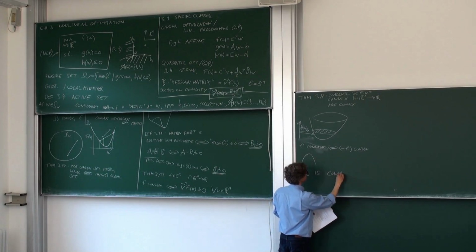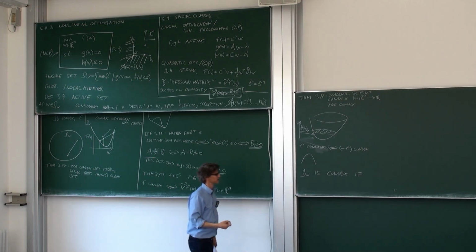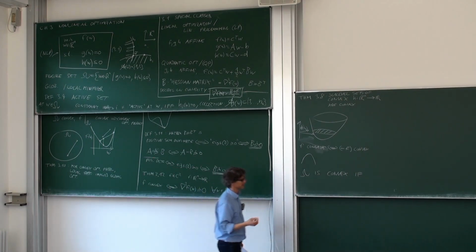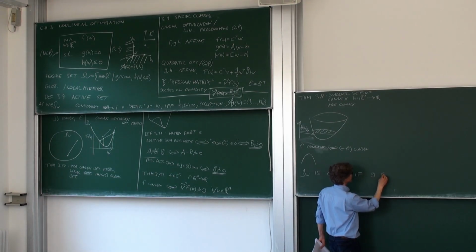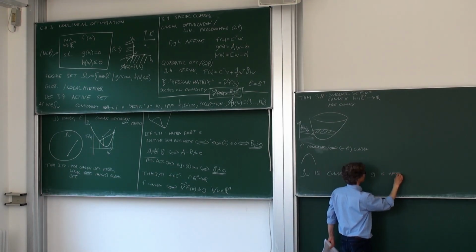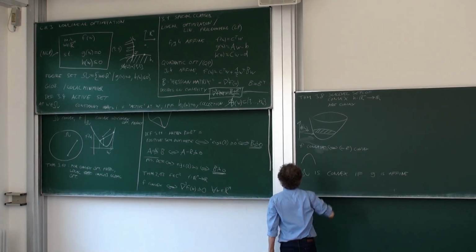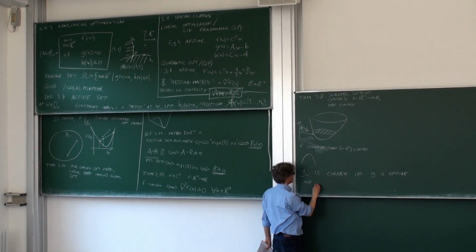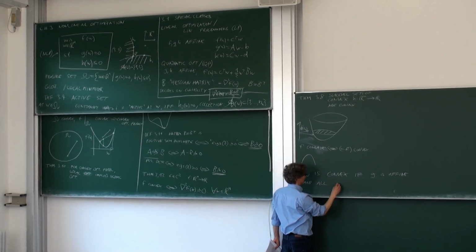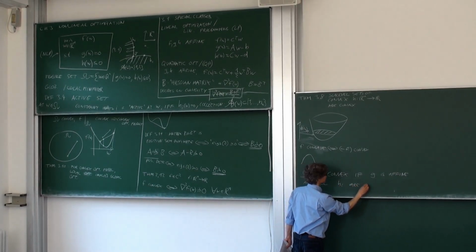It's a convex set if, I mean, that's a sufficient condition, if G is affine, so it has this form that we stated above for the LP, and all H_i are convex.